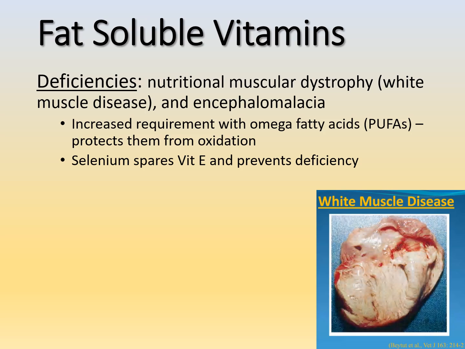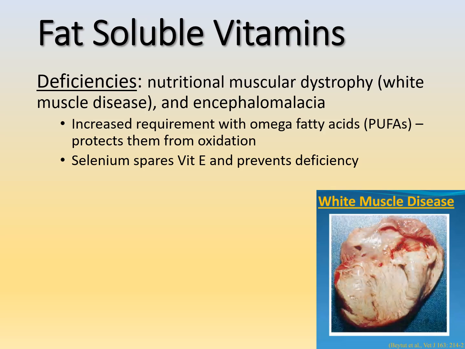You're essentially destroying the normal muscle tissue, so you see that it's white instead of red, because you don't have that normal myoglobin in the muscle tissue. And encephalomalacia has to do with brain dysfunction, and you see these kind of crazy neurological signs. These can be very severe disorders.